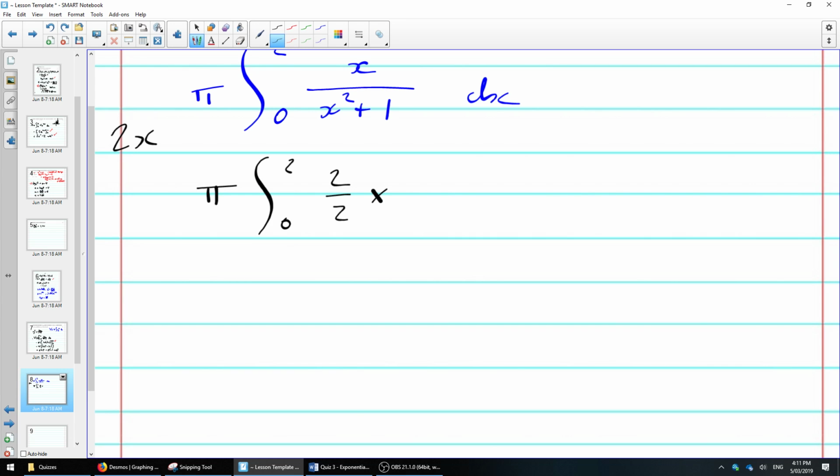I'm going to times it by x over x squared plus 1 dx. The whole idea is I want to multiply the top by 2, but I don't want to change the value. And now I'm allowed to take that half out.